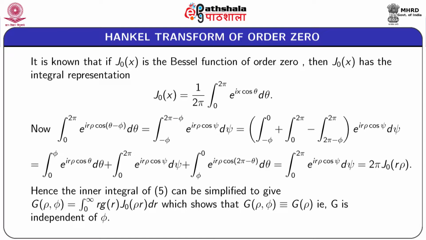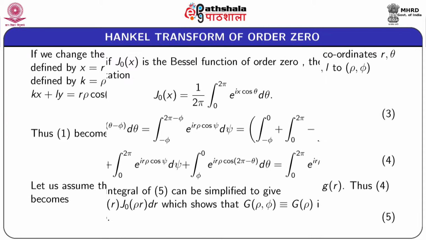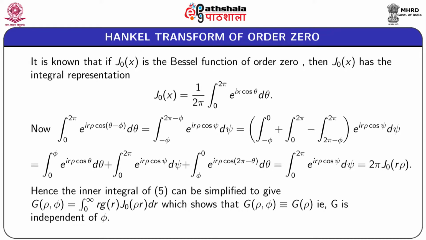Now we consider the integral 0 to 2 pi e to the power i r rho cos(theta minus phi) d theta as given in equation 5, that is the theta integral. This integral we can write as integral from minus phi to 2 pi minus phi e to the power i r rho cos psi d psi, where we write psi as theta minus phi.